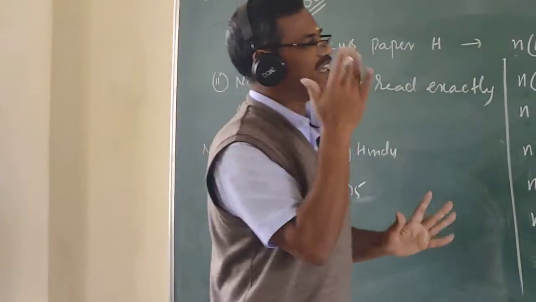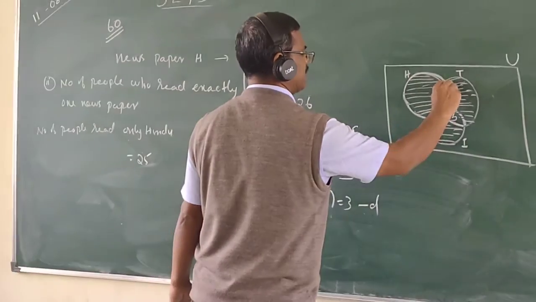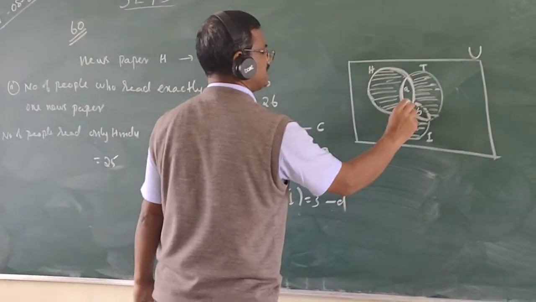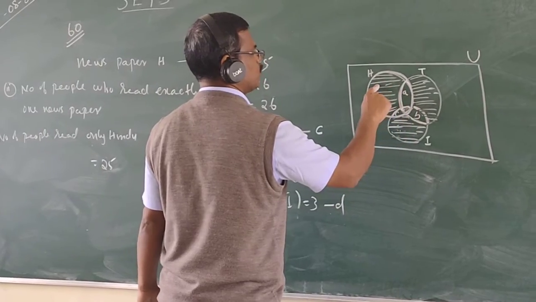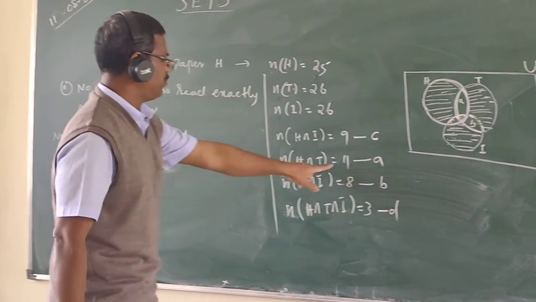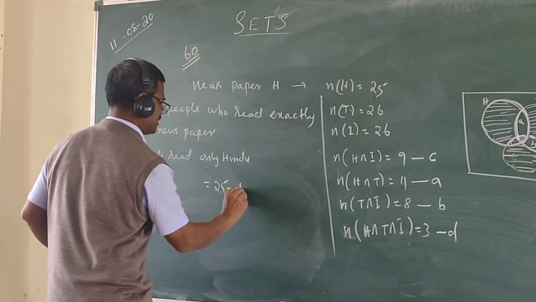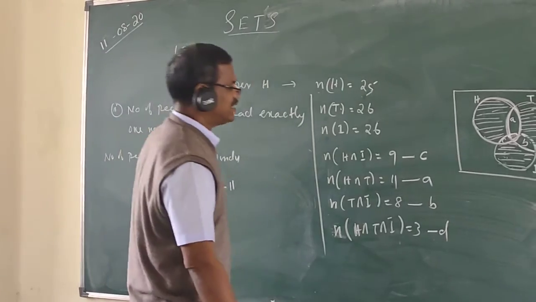From that you have to delete this portion. What is that portion? Those who read Hindu and Times. Hindu and Times, you can see it is 11. It is marked here as A. So minus 11.